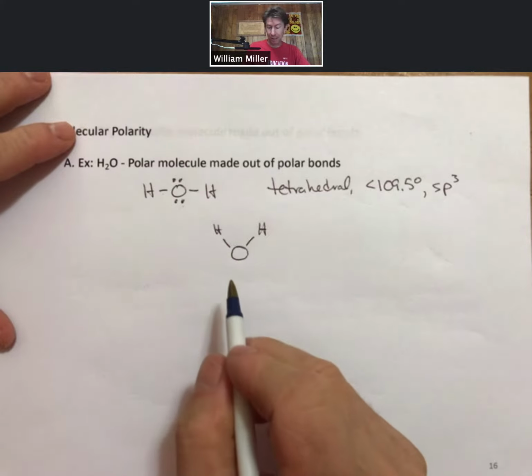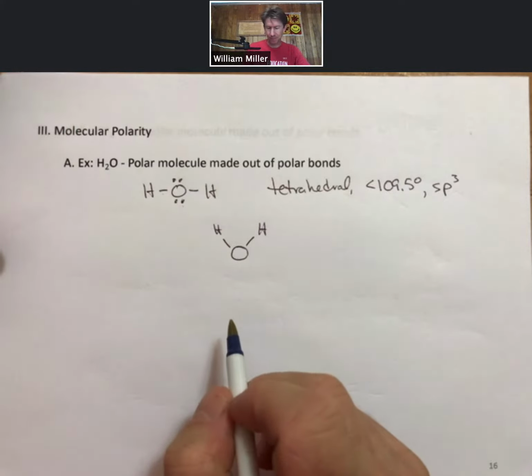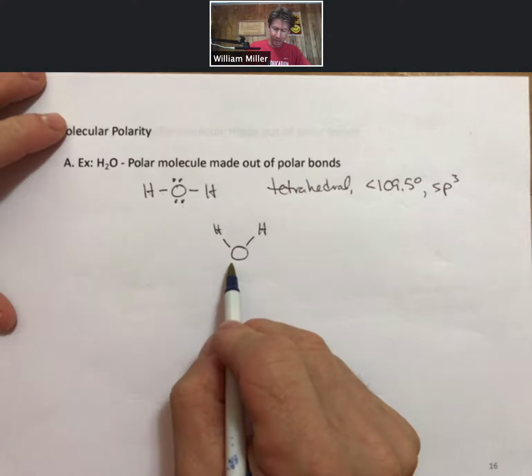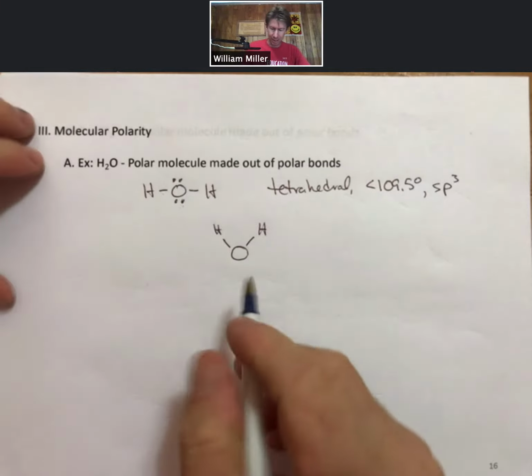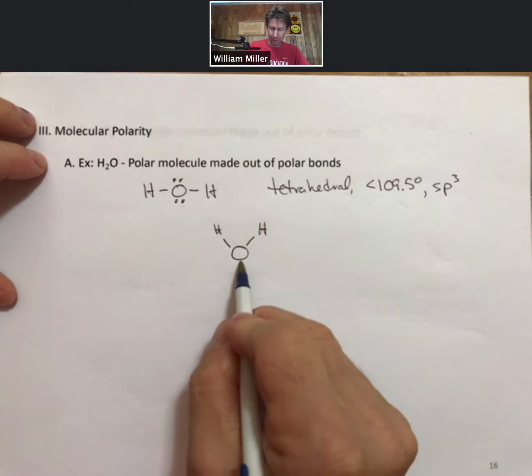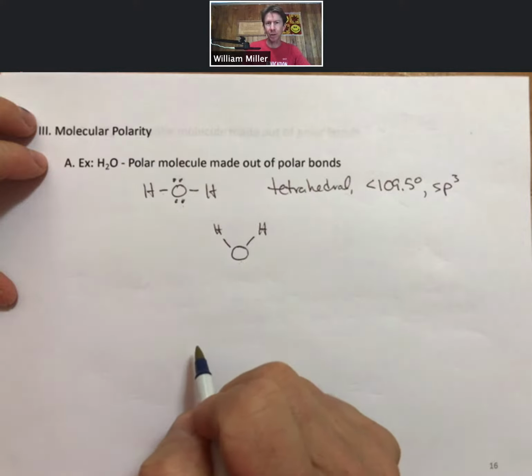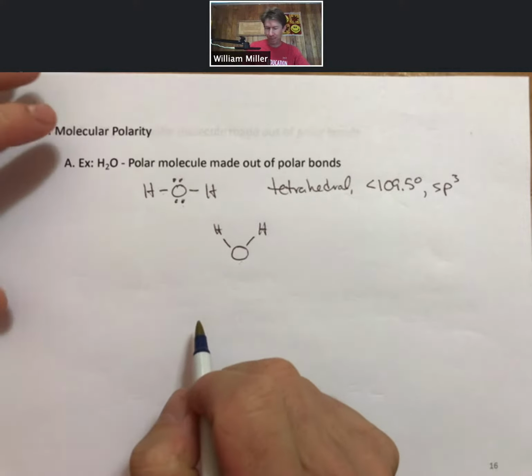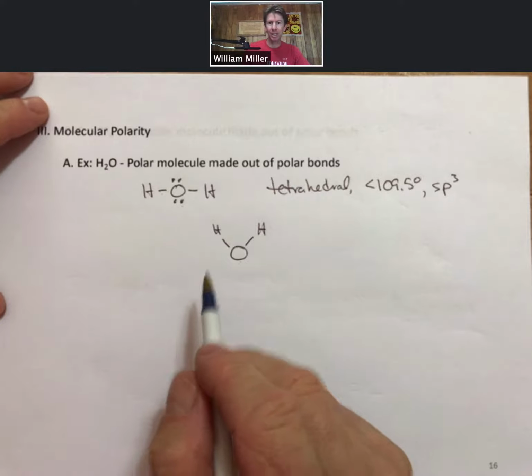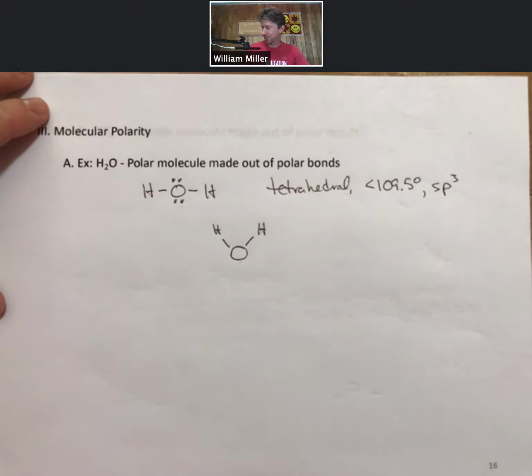I'm not going to actually draw the electron pairs because they're going to get in the way this time, but they could be coming out and going back on this bottom portion of the O should we have drawn them. Again, this is not the typical way that I draw tetrahedral.